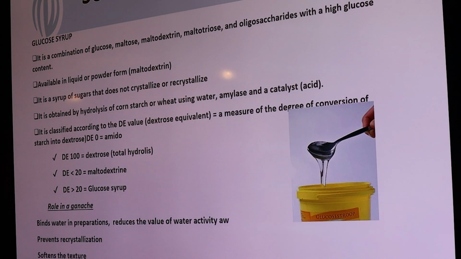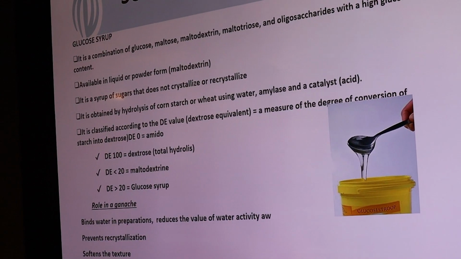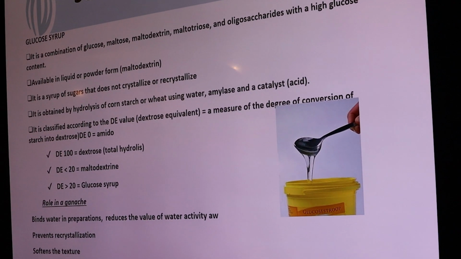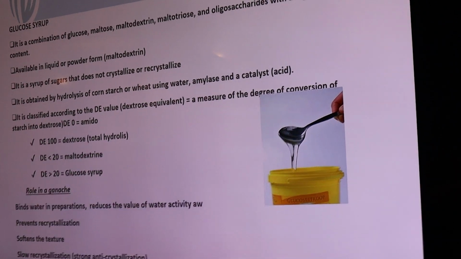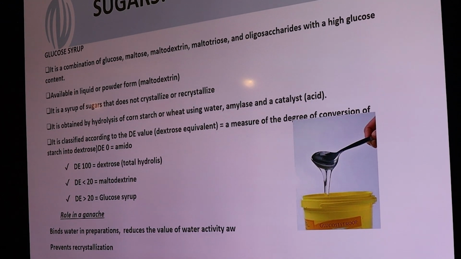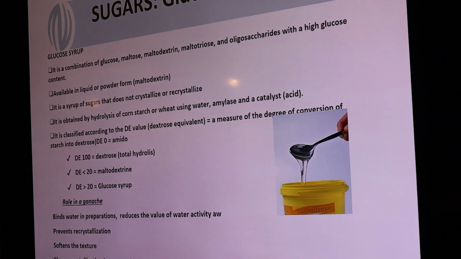We can see here, maybe you can take a stick. This is a DE 40, which means that you have a glucose where the starch is cut, so to speak, 40 times, and it's quite long.